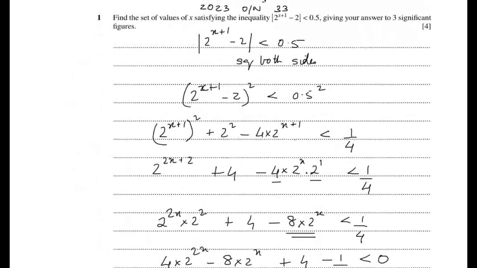I'm just checking what the answer is supposed to look like. Give your answer to 3 significant figures. x greater than log 3 by 4 divided by log 2 can be written as, after I put those values into the calculator, x greater than negative 0.415. x less than log 5 by 4 divided by log 2 becomes x less than 0.321.